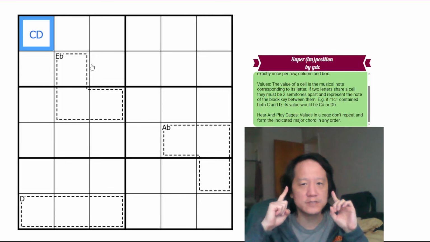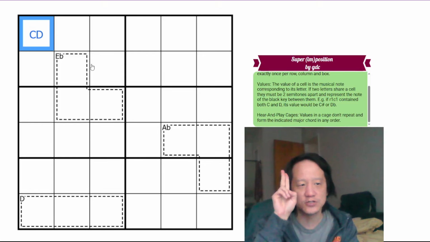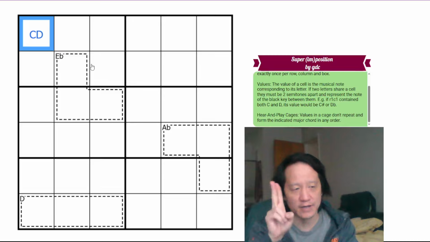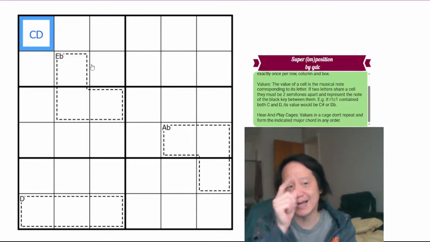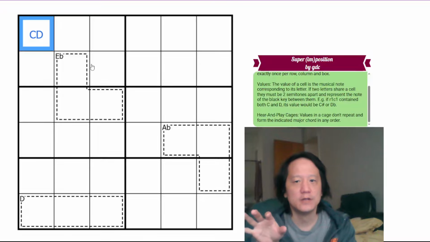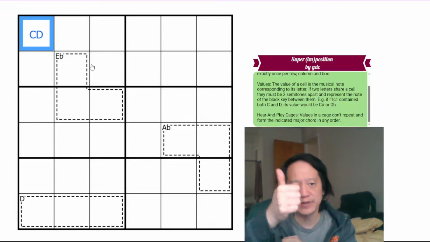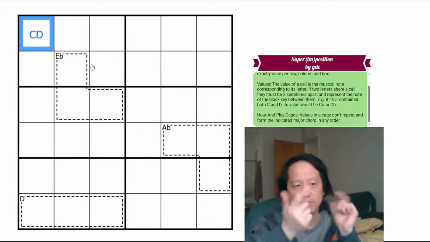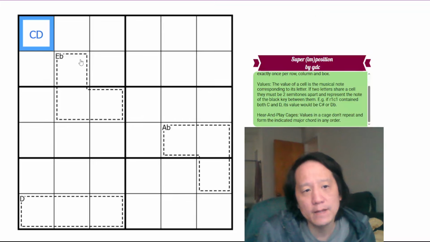A cell that has a Schrödinger ability, which means it contains two different letters, must represent a black key. So if you had C and D, it would represent C sharp or D flat, which is the same tone. So that is what the values of each cell would be.